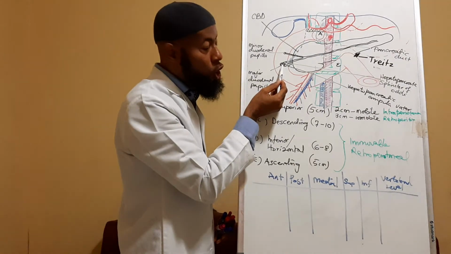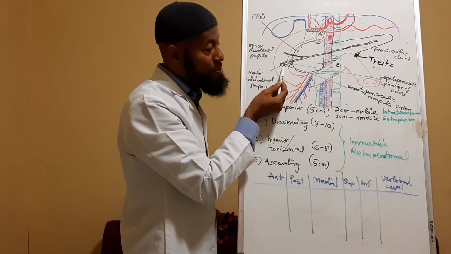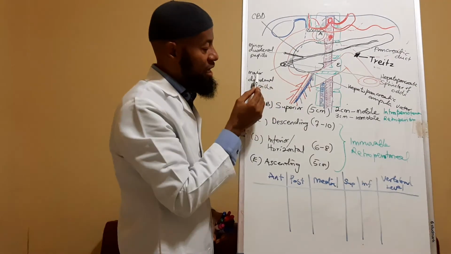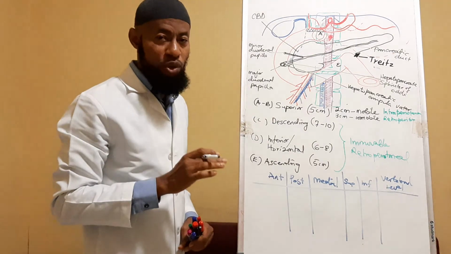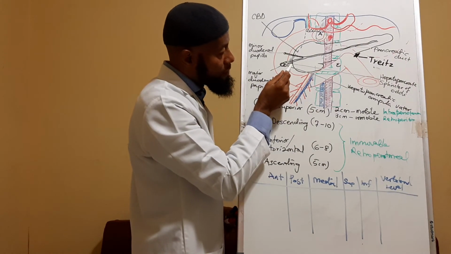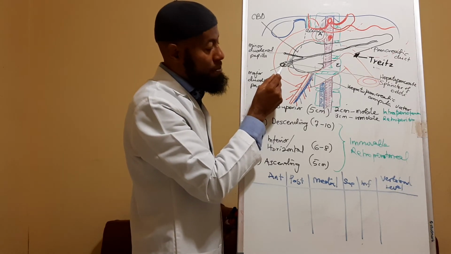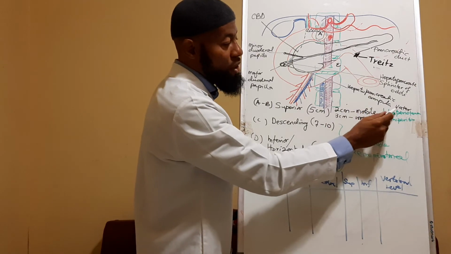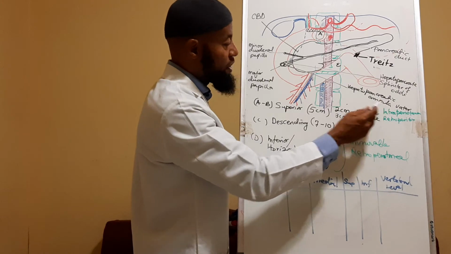Alright, that's the opening of the hepatopancreatic ampulla or the hepatopancreatic duct. That opening is described as a duodenal papilla. Alright? This bulge from the free edge all the way down to the papilla is called an ampulla, the ampulla of Vater or hepatopancreatic ampulla of Vater.